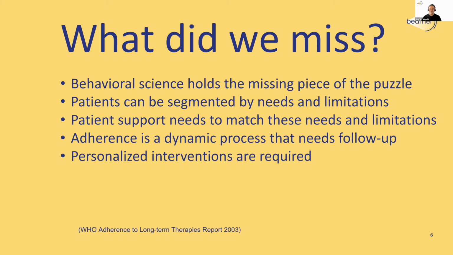And if you align that support to their specific needs, then we're closer to home. And we also have to understand that non-adherence is not a constant. It's a dynamic process. It could change day by day. Depending on the situation you are in, your behavior will change. You have seen that in any other situation in your life. So personalized interventions, support is critical. As you can hear, I'm not talking about the patient any longer. I'm talking about persons.